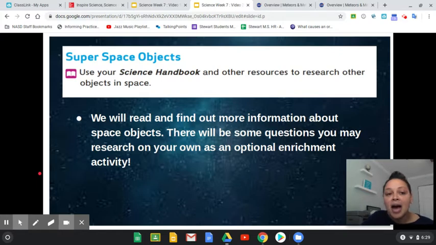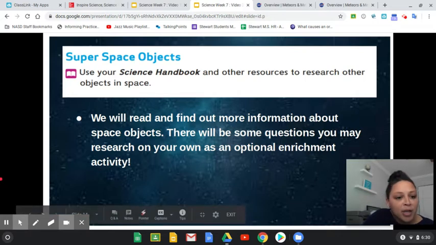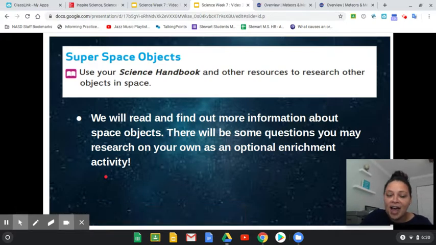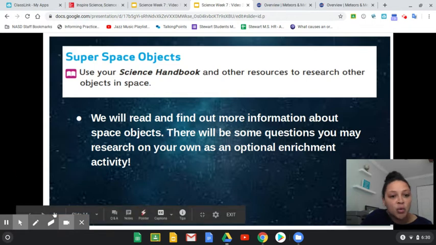And so we can also find more information in our science handbook, but there's also some really great websites and sources of information that you can do research on a topic if you want to know more about that topic and just learn more in-depth material about it. And so we're going to answer some questions from our Be a Scientist notebook. And I found the answers just using some website resources, doing some research online.